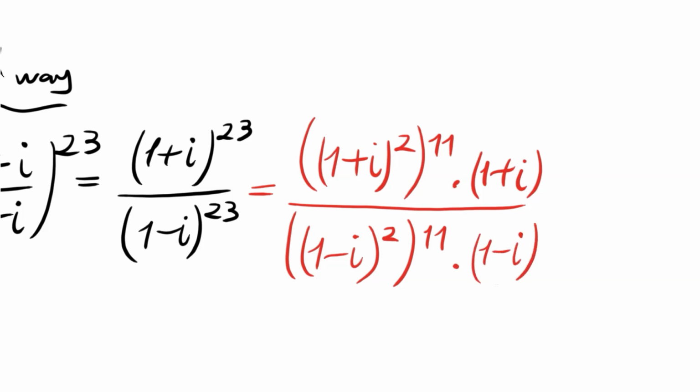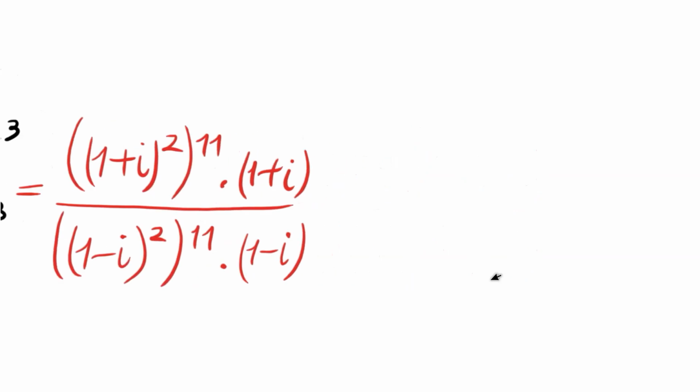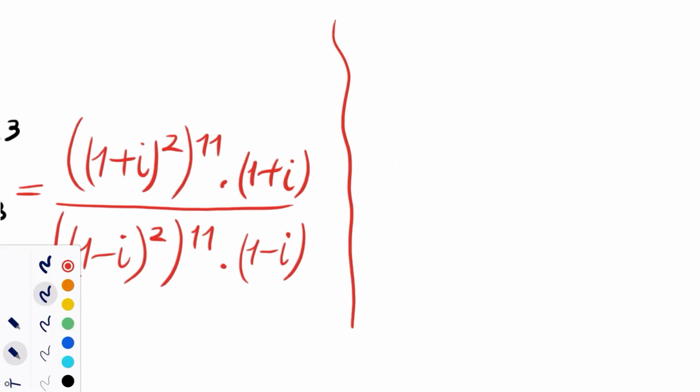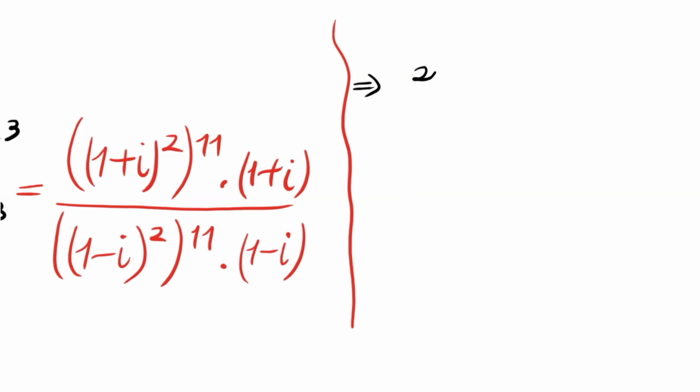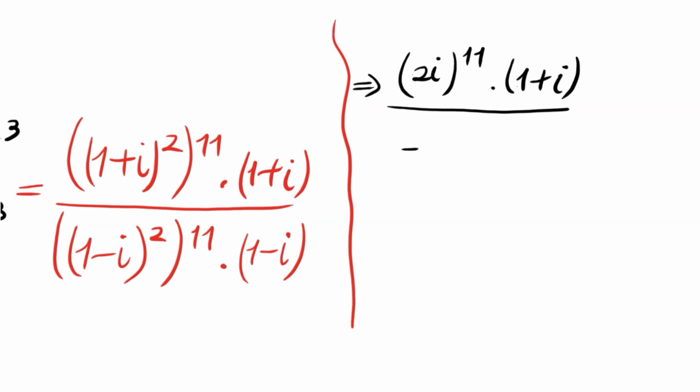This is to use (1 + i) all squared, and (1 − i) all squared. This one is 2i. We have 2i raised to the 11th power times (1 + i), and the other one is negative 2i raised to the 11th power times (1 − i).